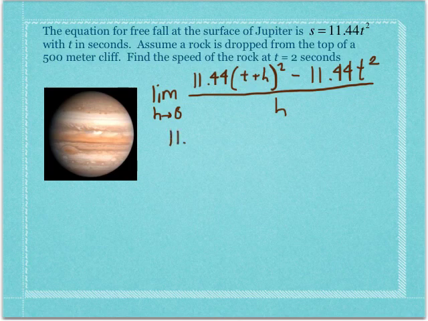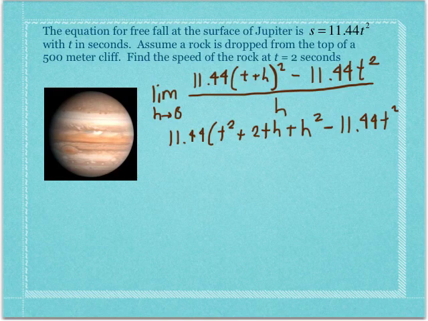So I'm going to have 11.44 times t squared plus 2th plus h squared, minus 11.44 t squared.